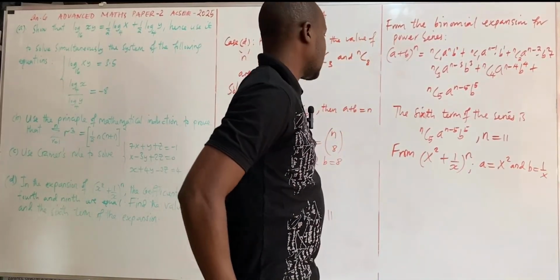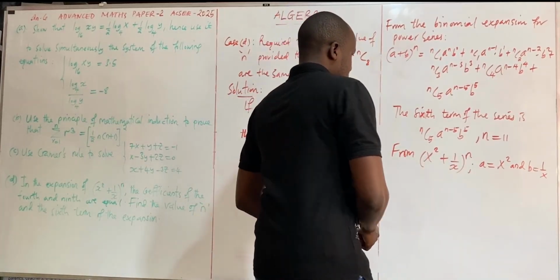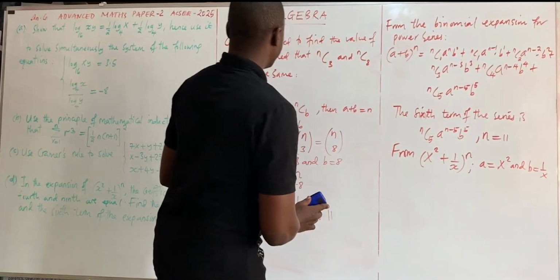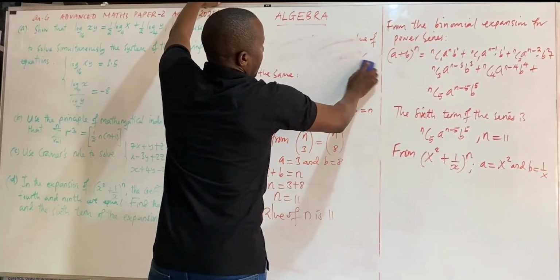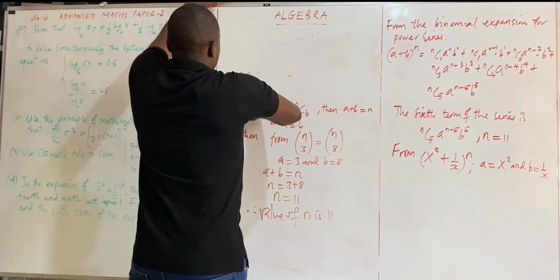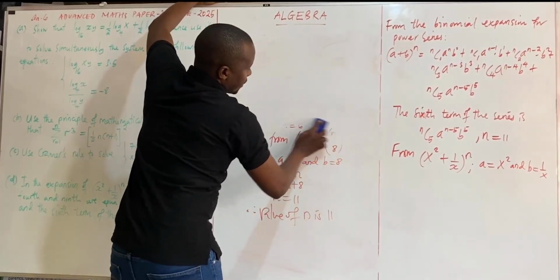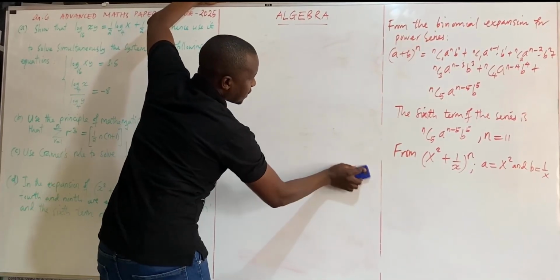It was 11 formerly. Now, if that is the case, we can expand this to see how we plug them in. So through the help of binomial, we have managed to get the expression for the sixth term in that power series.